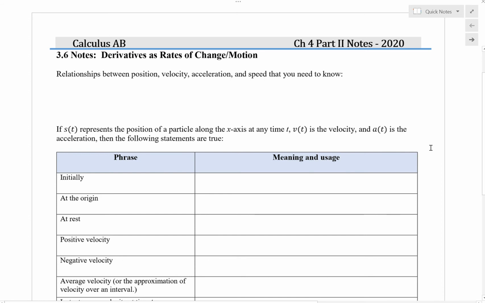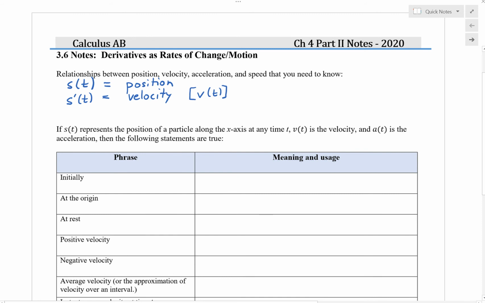The relationship we need to understand is between position, velocity, acceleration, and speed. Typically we'll refer to the position function as s of t. It doesn't have to be s of t, but typically that's what they use. When we take the first derivative, s prime of t, that represents the velocity of the function, which can also be v of t.